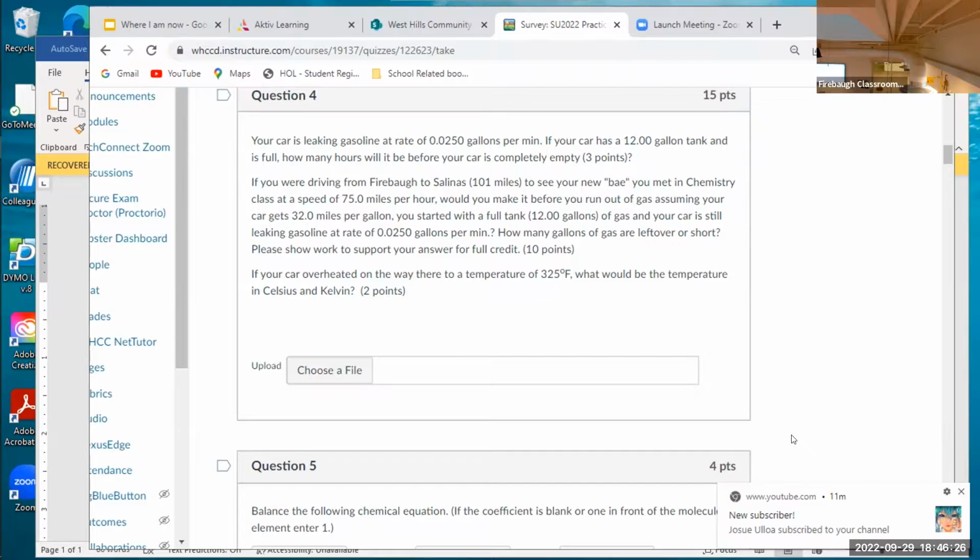So 293, and then we divide that by 1.8, so then our answer should be 163, right?